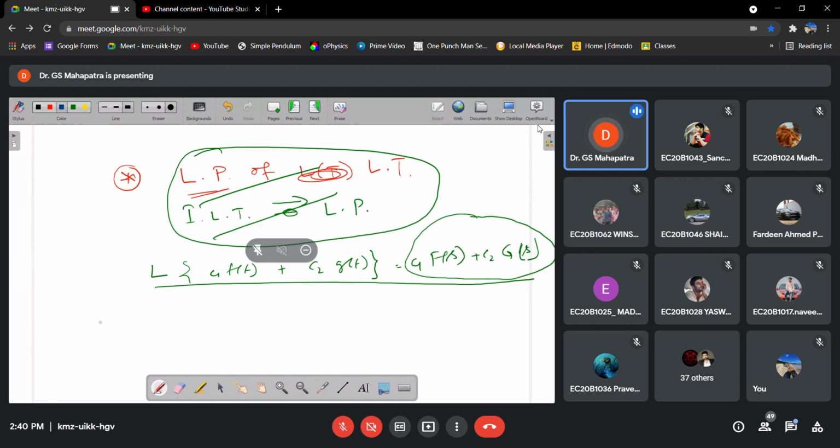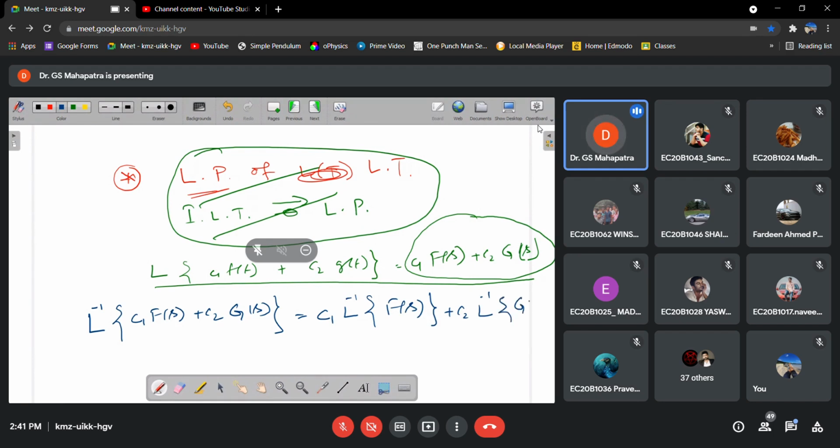L inverse of c1 F(s) plus c2 G(s), where F(s) and G(s) are the transforms. You can write c1 times the inverse Laplace transform of F(s) plus c2 times the inverse Laplace transform of G(s). We have to apply this.